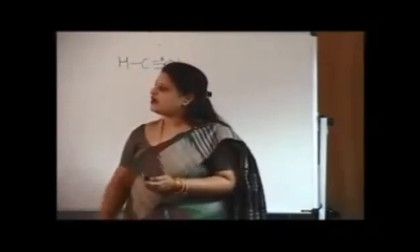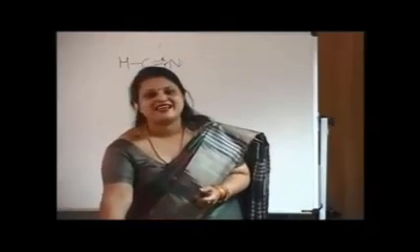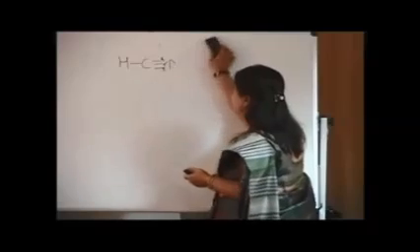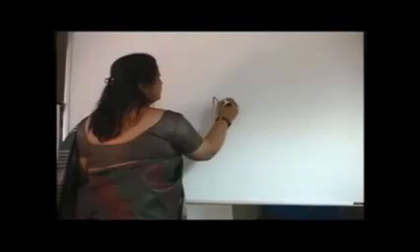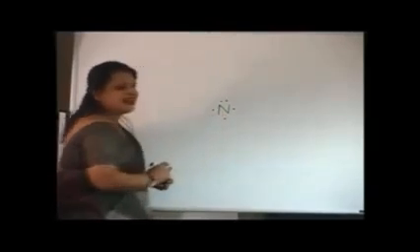We have the next question. The correct dot formulation for NCl3, nitrogen trichloride. Please remember, count the number of total valence electrons carefully, because the choices show that along with the normal bonds, you should be able to know the number of lone pairs of electrons also. So in NCl3, nitrogen has 5 valence electrons like this.